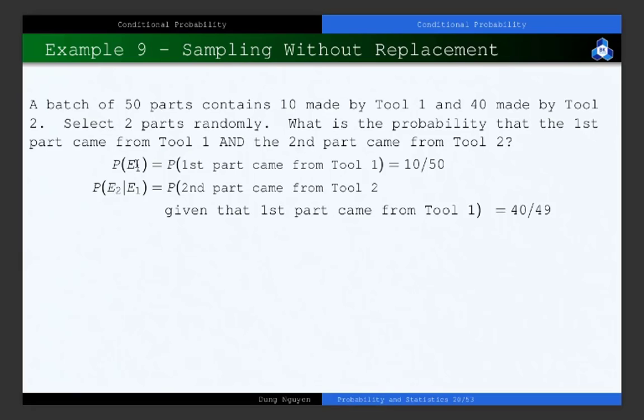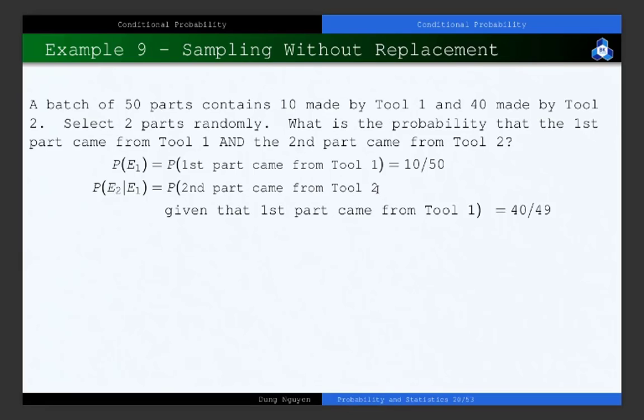Now, denote by E1 the event that the first part came from supplier 1, and E2 the event that the second part came from supplier 2. Then the probability of E1 is 10 over 50 because there are 10 parts made by supplier 1, and in all there are 50 parts. Now, if the first part came from supplier 1, then what is the probability that the second part came from supplier 2?